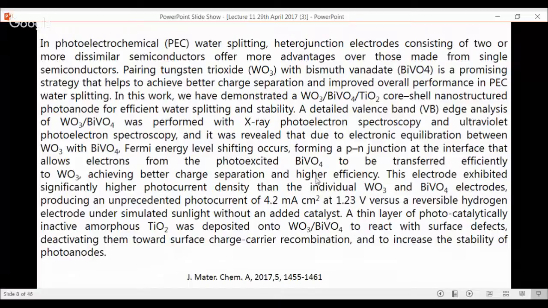This electrode exhibited significantly higher photocurrent, here meaning electricity production density, than the individual WO3 and bismuth vanadate. I will tell you later on why we are thinking of WO3.